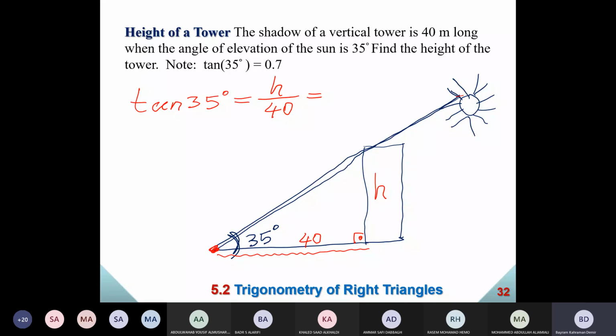It is not exactly equal, of course. It is an approximation, Shabab. Tangent of 35 is just close to 0.7, yani 7 over 10. So you can easily calculate h as 28, Shabab.